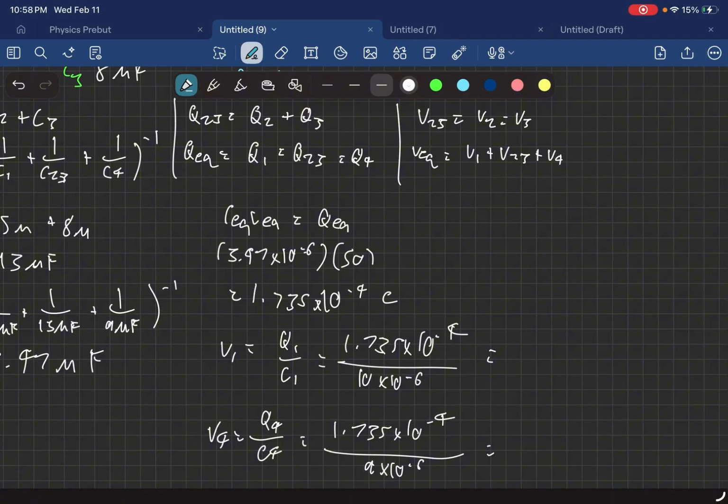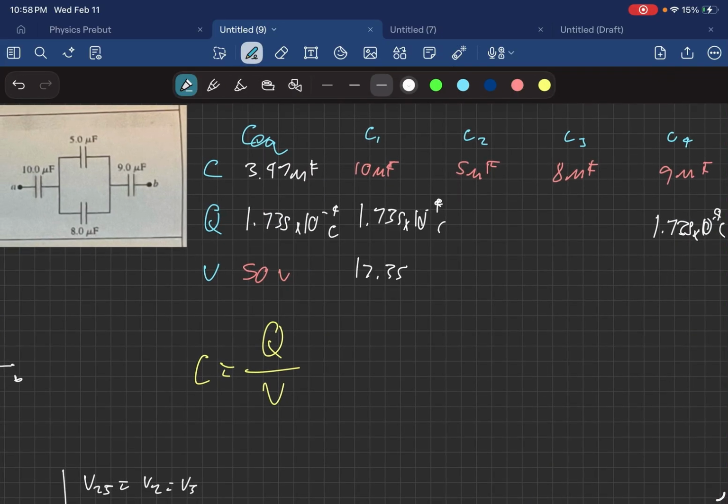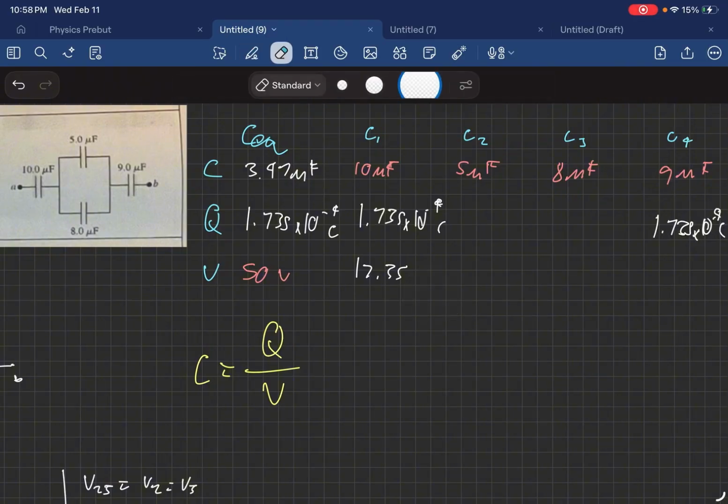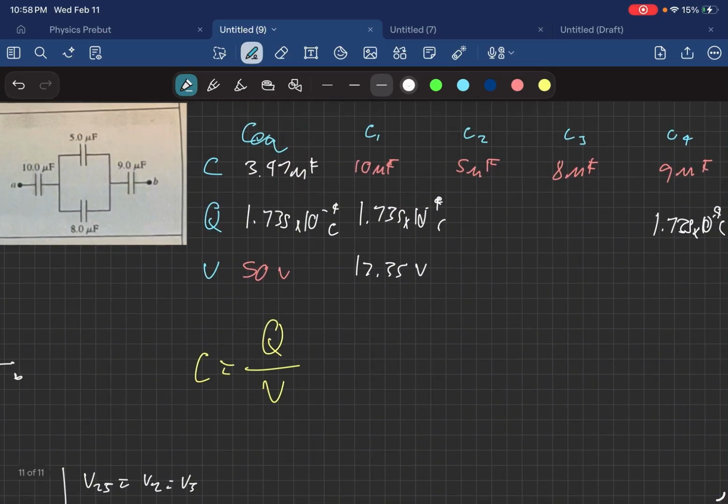Let's put 10 times 10, 17.35. This is our V1. And then this one is equal to, alright, wait, 1.75 times 4 divided by 6, 19.28 volts. Wait, no, 17.35 volts. 19.28.